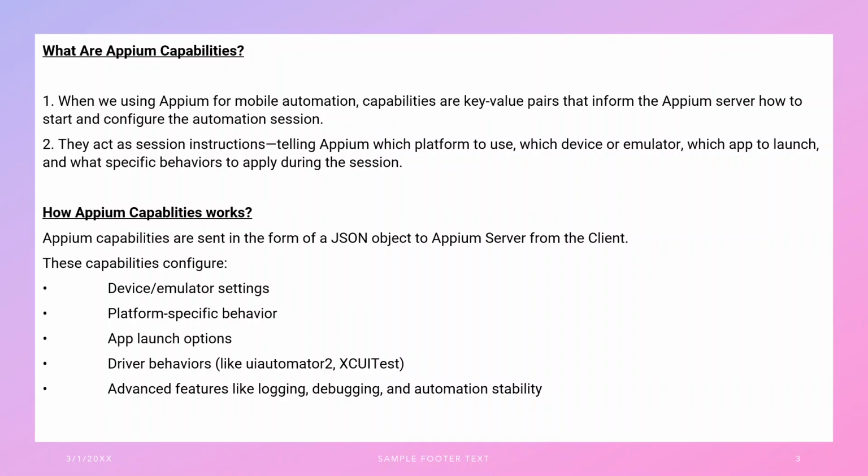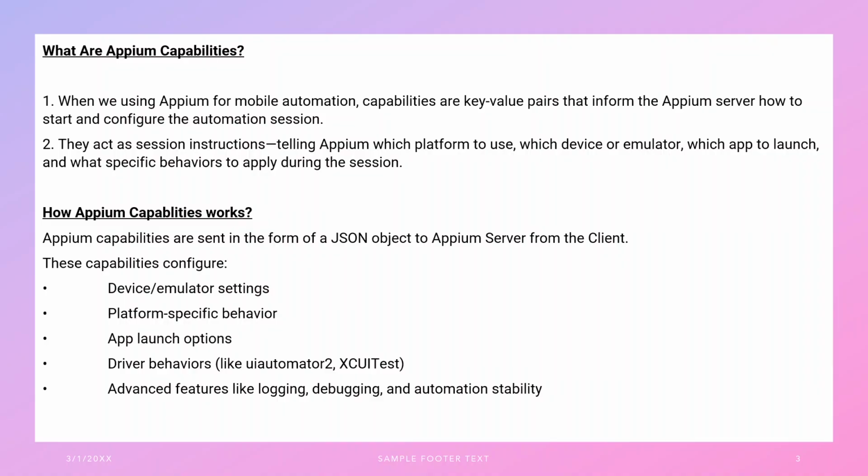They act as session instructors, telling APM which platform to use, which device or emulator to use, which app to launch, and what specific behavior to apply during the session. So all these instructions will be given by the capabilities.